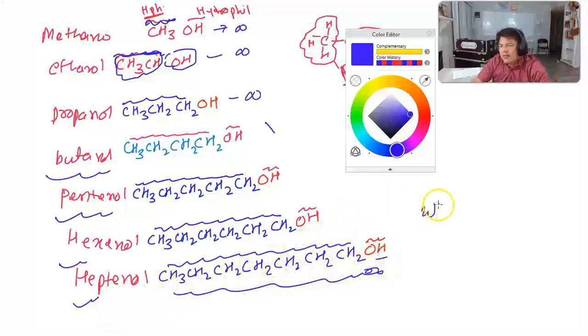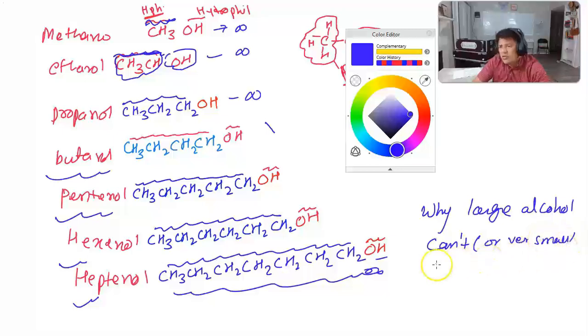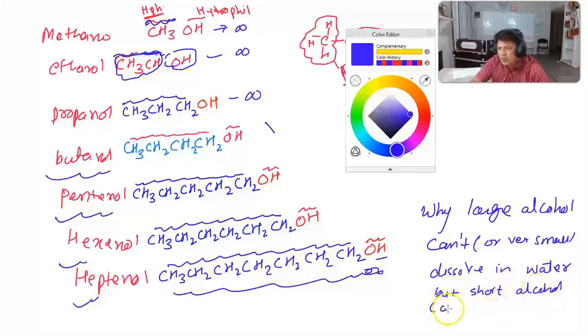So the question is, why can larger alcohols dissolve only very little in water, but short alcohols like methanol, ethanol and propanol, with carbon equal to 1, 2 and 3, can dissolve infinitely, meaning large solubility?